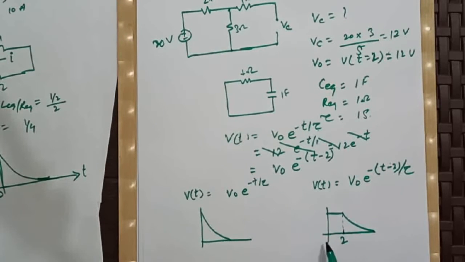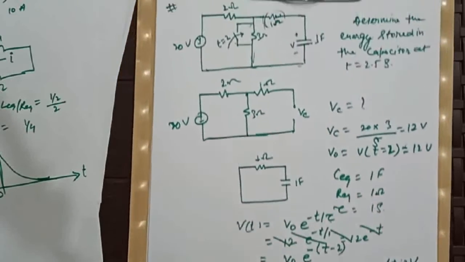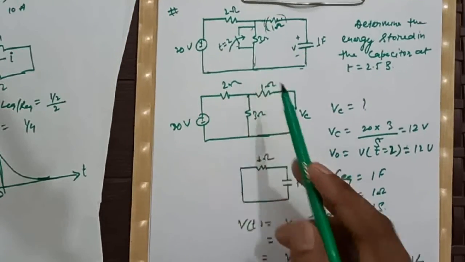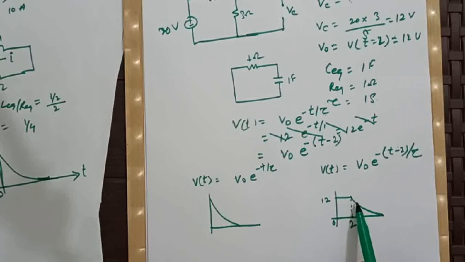So starting from time t equal to 0 up to time t equal to 2 seconds, the voltage across the capacitor was 12 volt, and at time t equal to 2, after closing the switch, the voltage gets exponentially decreased, right?